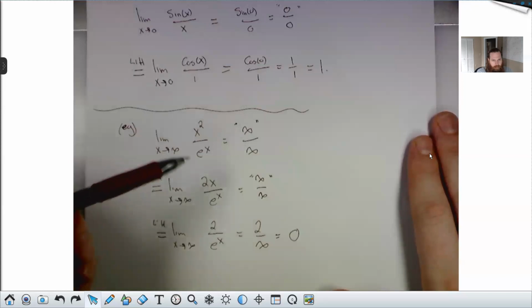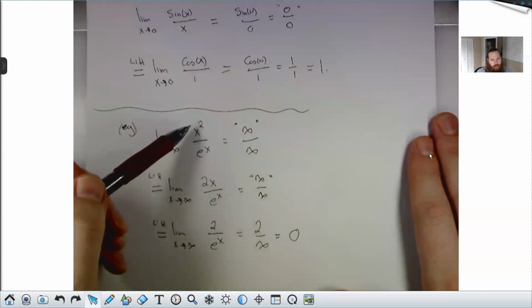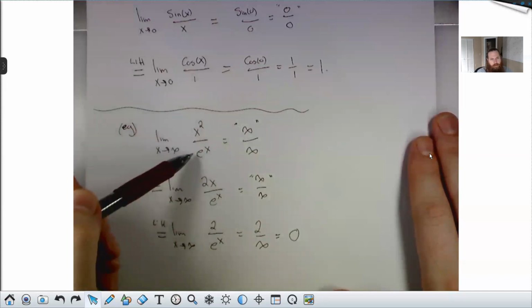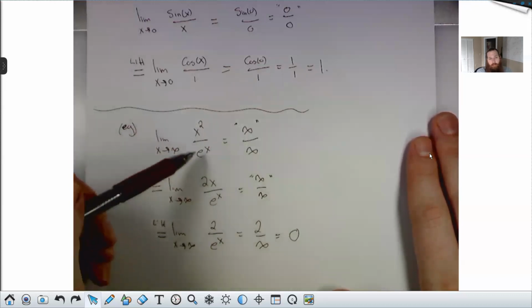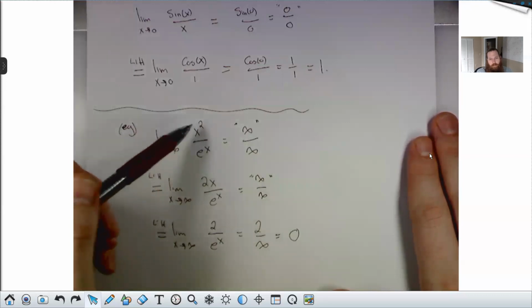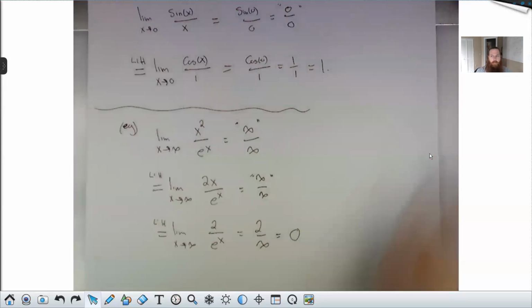Another way of thinking about this is that e to the x grows so much faster than x squared that when you put in a big number for x and divide x squared by e to the x, that's going to come out to a very small number because the bottom grows much, much faster than the top. And really that's what L'Hopital's rule is saying. Rather than comparing the size at any one place, you can compare how fast the functions are growing. Remember, derivatives are rates of change.